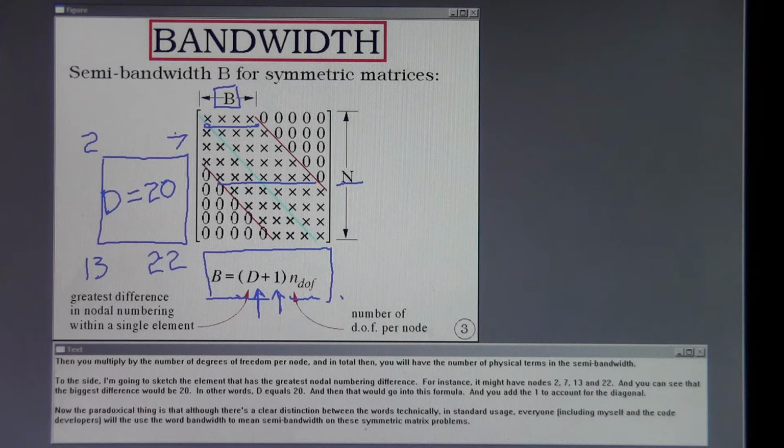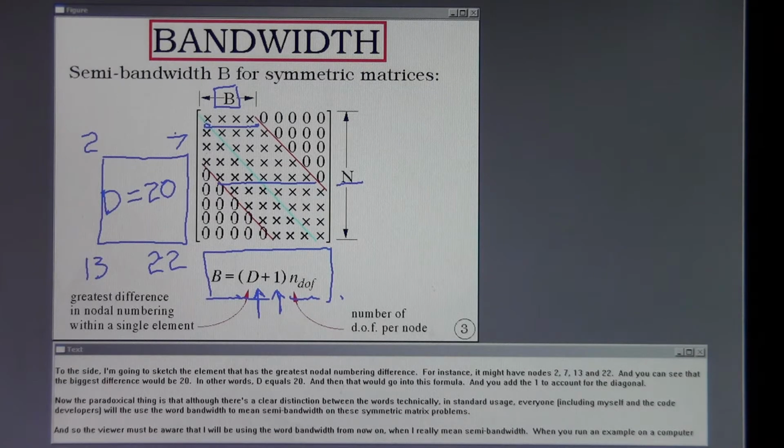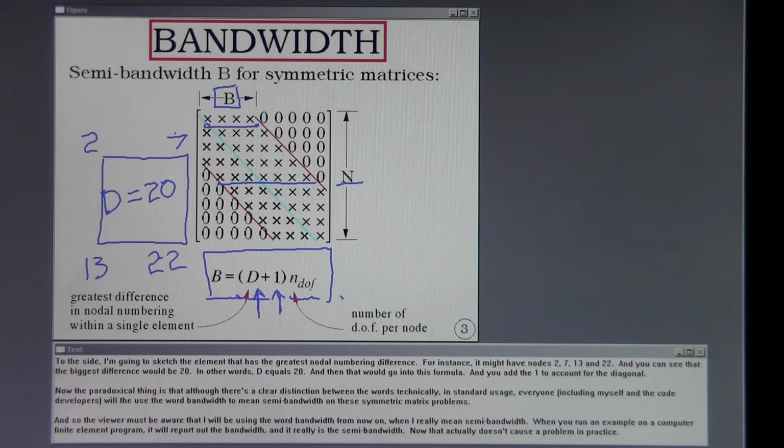Now the paradoxical thing is that although there's a clear distinction between the words technically, in standard usage, everyone, including myself and the code developers, will use the word bandwidth to mean semi-bandwidth on these symmetric matrix problems.